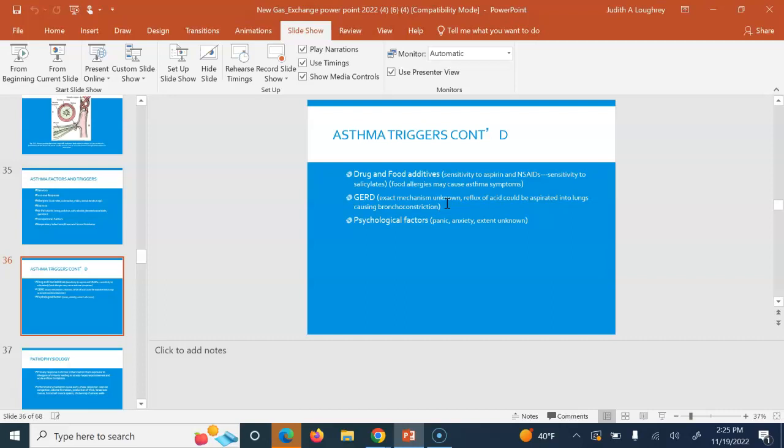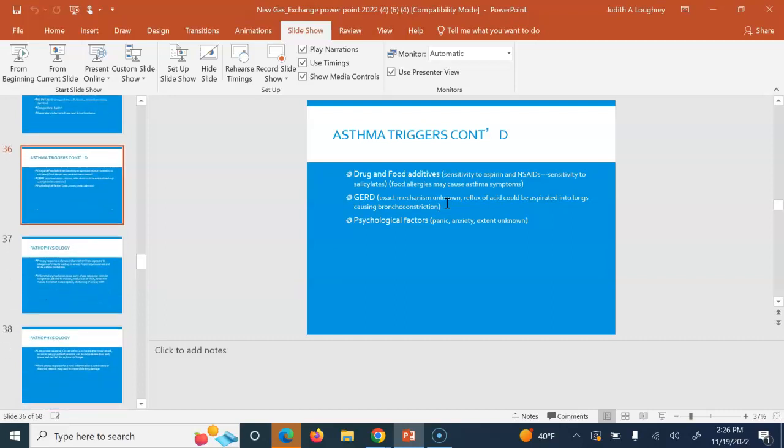They find GERD, which is gastroesophageal reflux disease, can sometimes cause a person to aspirate the gastric contents into the lung, causing an asthma trigger. And psychological factors. You'll see people who have panic attacks or very high anxiety, and we do see sometimes asthma attacks happening with those people.